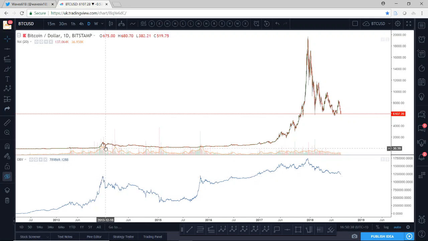bears, and at this point, this was when Mt. Gox's collapse happened in 2014, and it was at this point, this was where the maximum volume was, which was obviously bullish, and these people would have held on to their positions whilst price went all the way back up to $20,000.